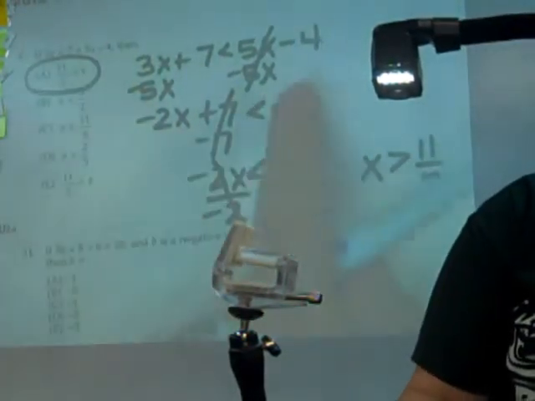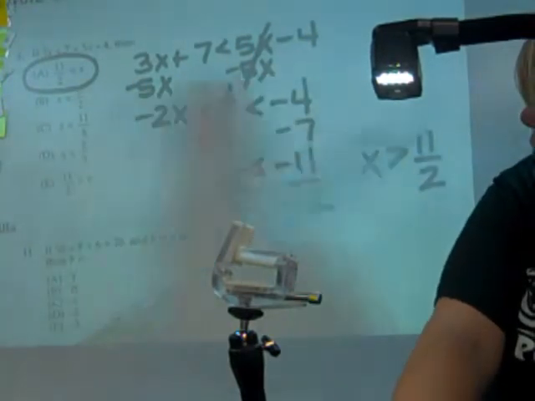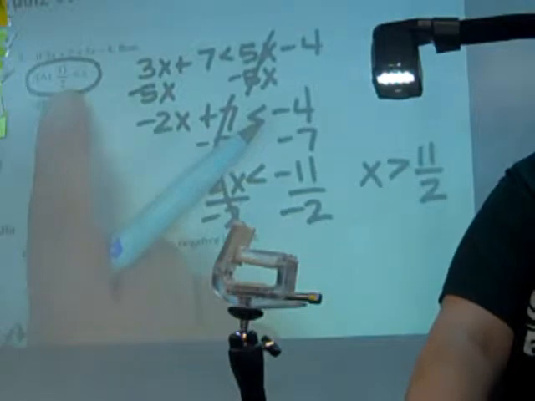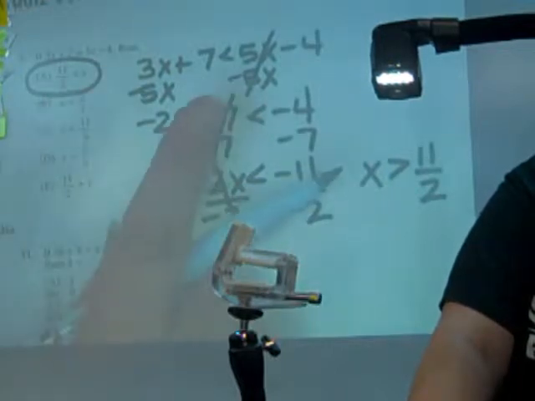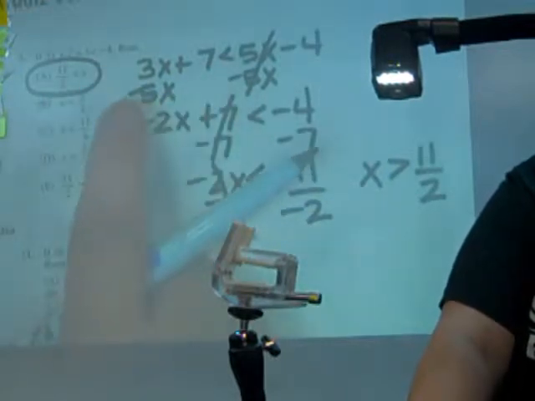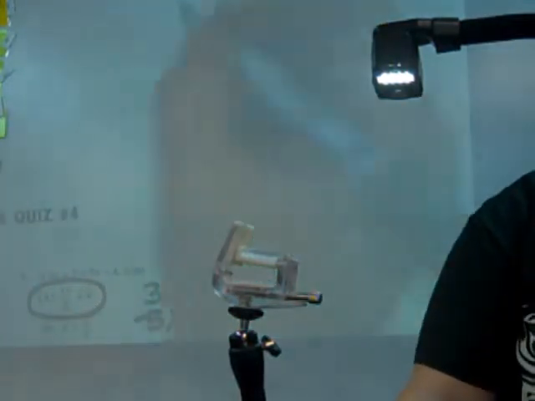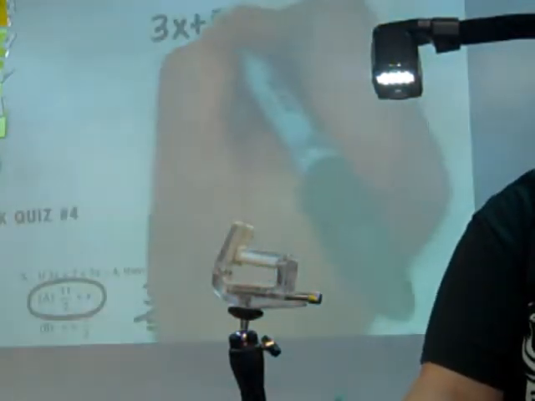If you had moved the 3x over instead of moving the 5x over, you would have ended up with that. What did you do? I moved the 4 over. Did you move the 3x over? Oh, yeah, I moved the second part. You did what I did. So, okay, so let's see. What did you do first? I added the 4.